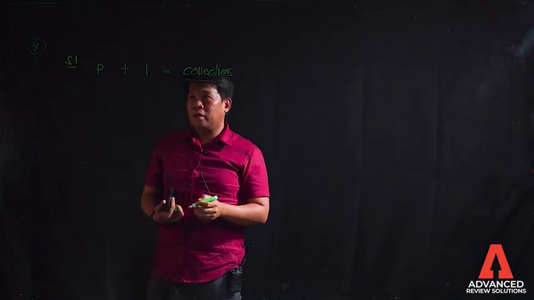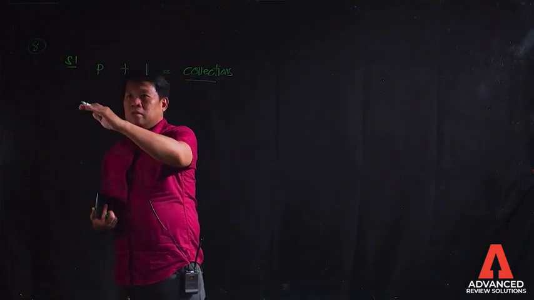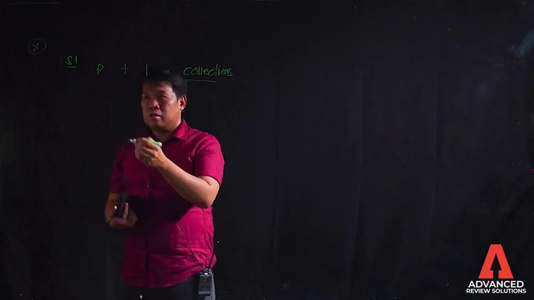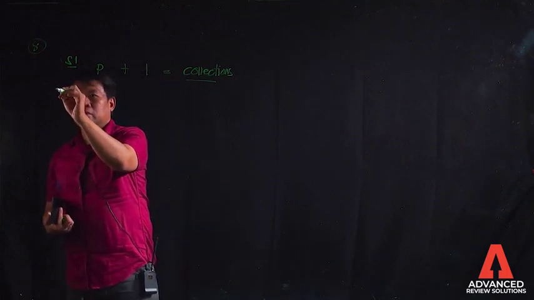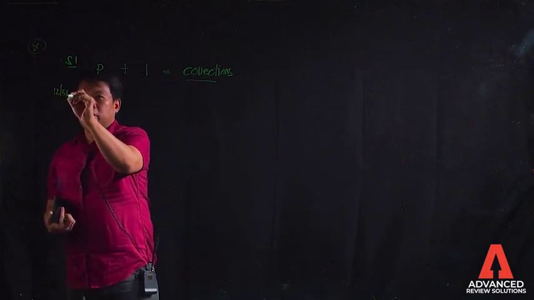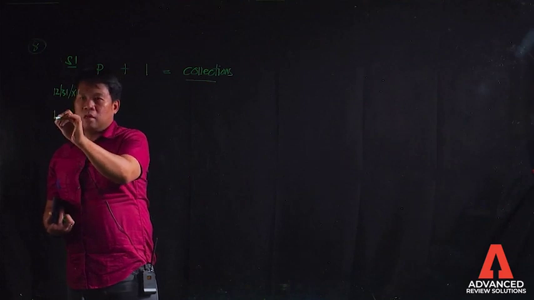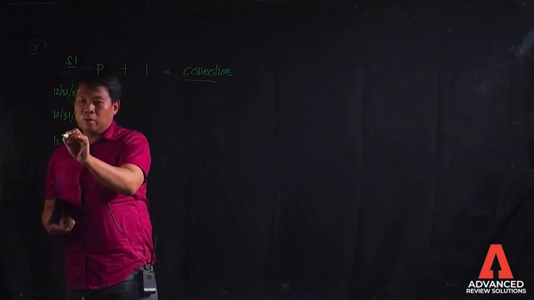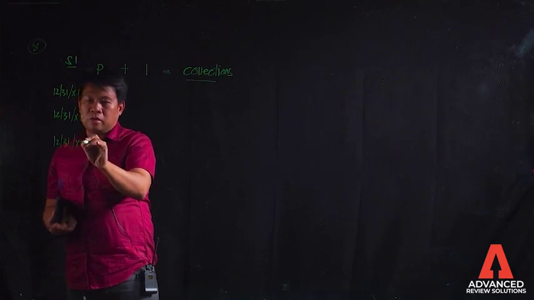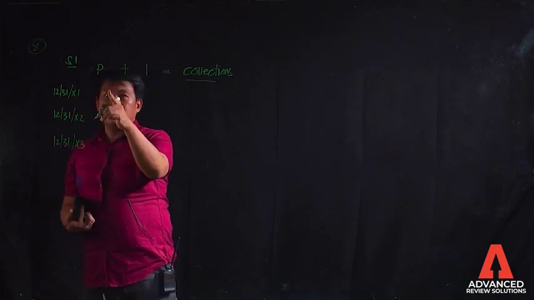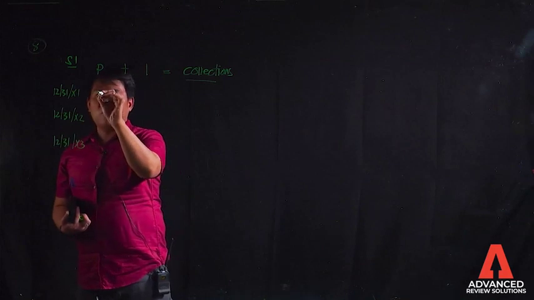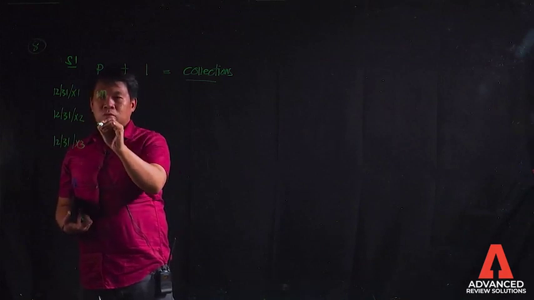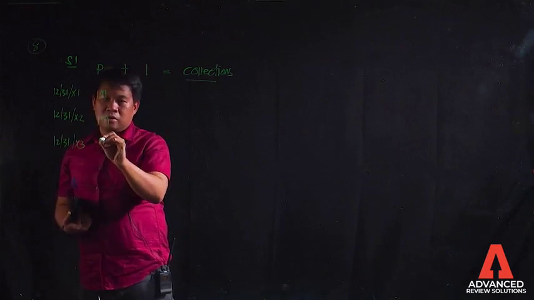So in item 8, there are 3 dates of maturities. And this is December 31, 20x1, December 31, 20x2, and December 31, 20x3. Meaning, in the problem, a 1 million bonds will mature on these dates.